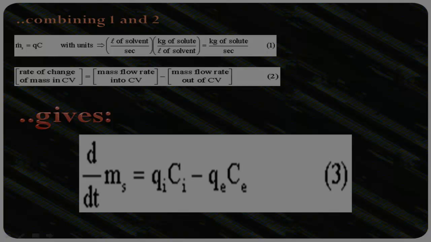This simply says that the rate of change of solute in the system is equal to the net rate of solute crossing the system boundaries, which is the inlet minus outlet. Equation 3 leaves three variables, Ms, Ce, and Qe, that need to be determined. Since there is only one equation, it is impossible to solve for the unknowns.